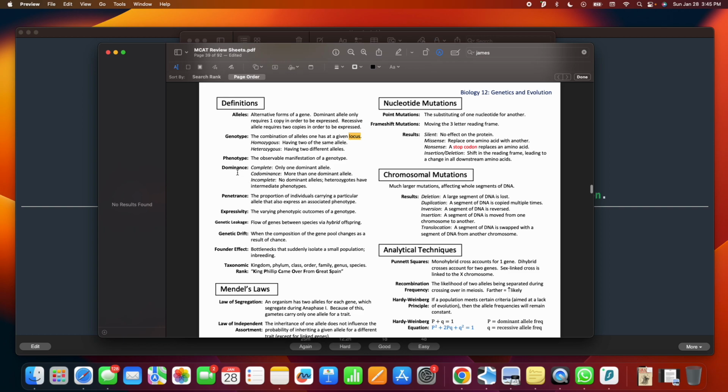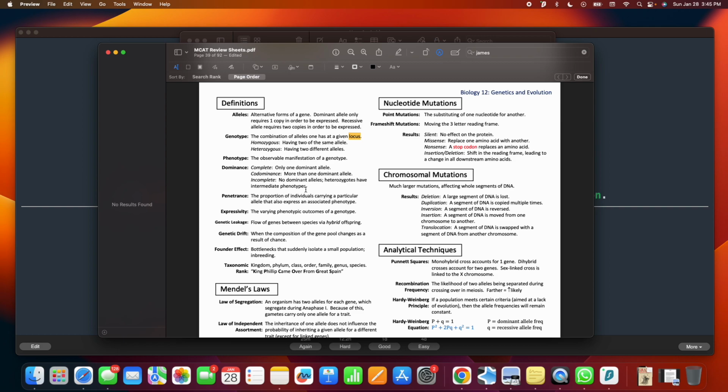Then we have dominance. Complete dominance is only one dominant allele, right? And then we have codominance, which is more than one dominant allele. So you have two dominant alleles, or more, that's codominance. And then you have incomplete dominance, which is no dominant alleles, and heterozygotes have intermediate phenotypes.